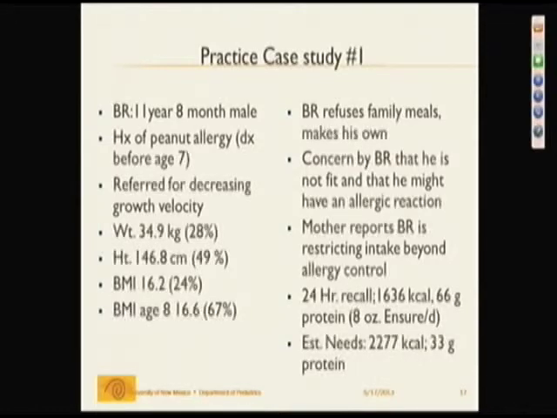The other thing that we could have put in here for his signs and symptoms, in a laundry list of signs and symptoms, are the changes in his growth. His BMI percentiles have changed from the 67th percentile at age 8 to where he is now at the 24th percentile. And that's kind of a funny thing for us to consider, because a lot of times we talk about kids being too heavy.